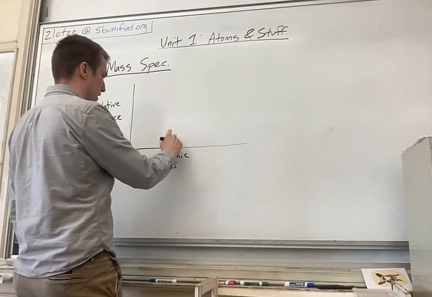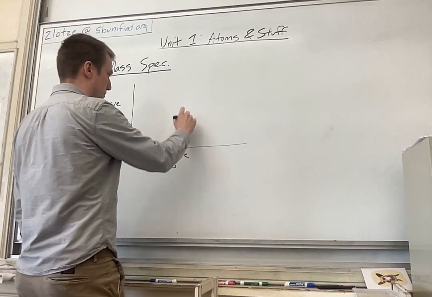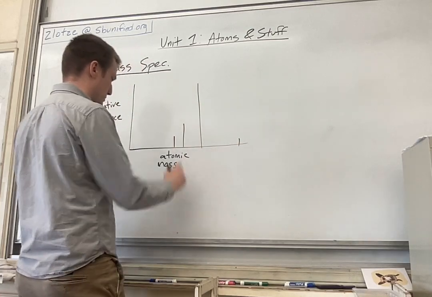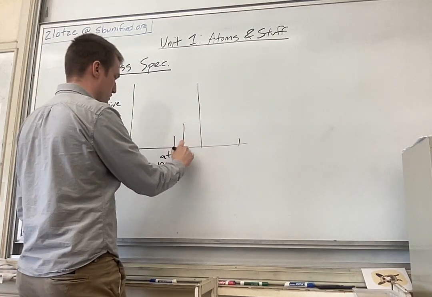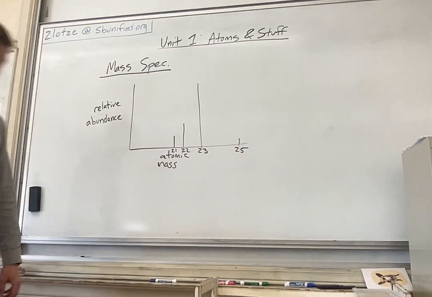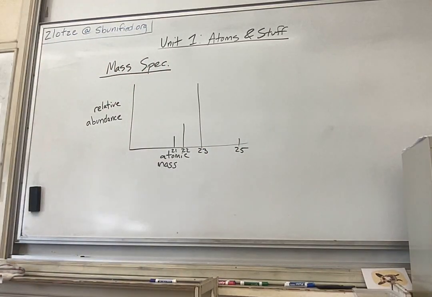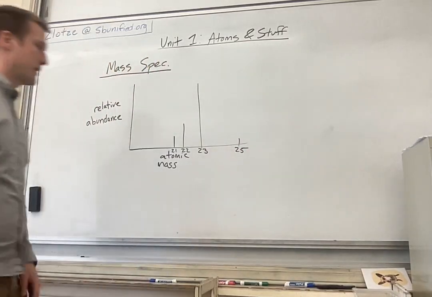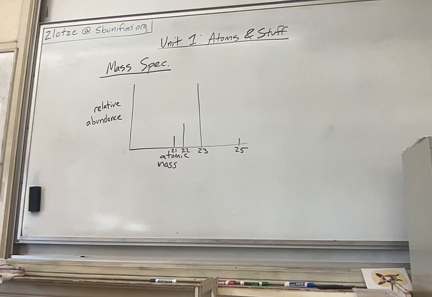And, you know, they'll look like, I'm going to make one up. So maybe this is like 21, 22, 23, 25. Meaning this is some element, and these are different isotopes of the element. And they like to ask, what element is this? That's a question they'll ask you.